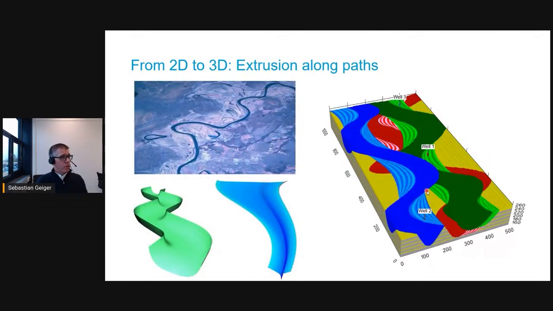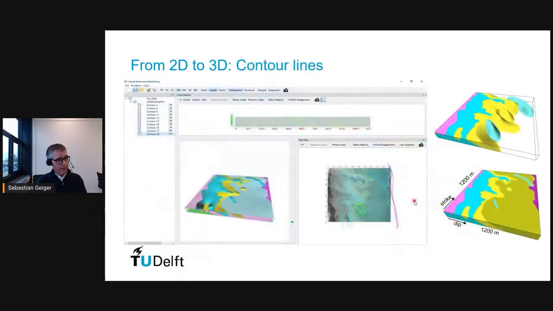If you want to go from 2D to 3D, we could also sketch, say, a fluvial channel in cross-section. Then in a map view, we can sketch the extrusion of that, or the trajectory of that fluvial channel, to tell the software in which direction that fluvial channel is changing horizontally. And then very quickly, we can model how these different fluvial channels interact.